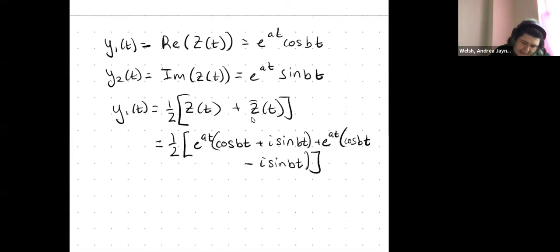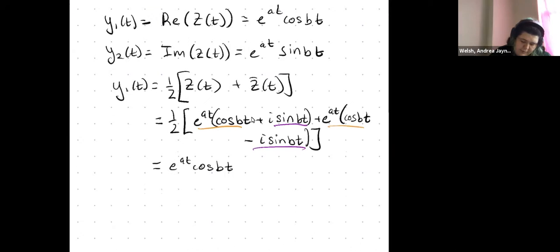So you can see that our cosine terms are going to add up, and we're going to get a factor of 2 in front, and then our sine terms are going to cancel out. And when that happens, we're just going to get e to the at cosine bt.